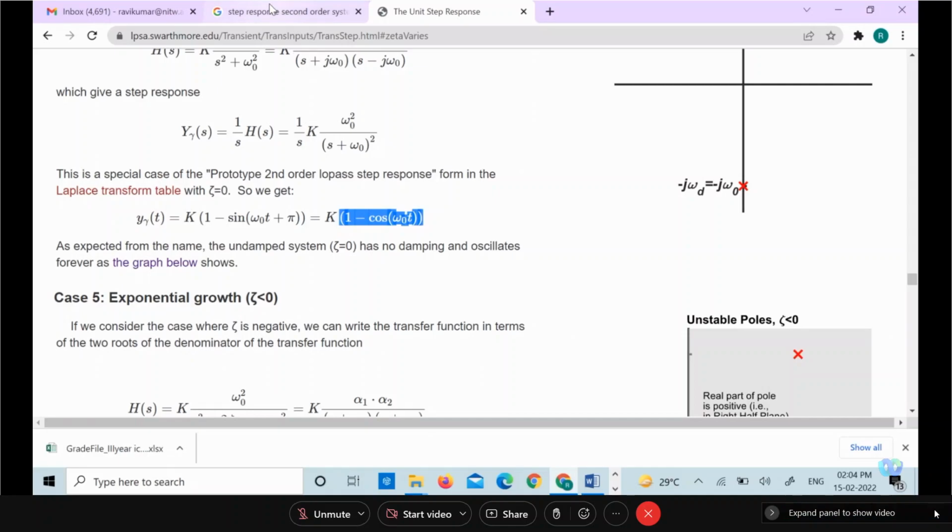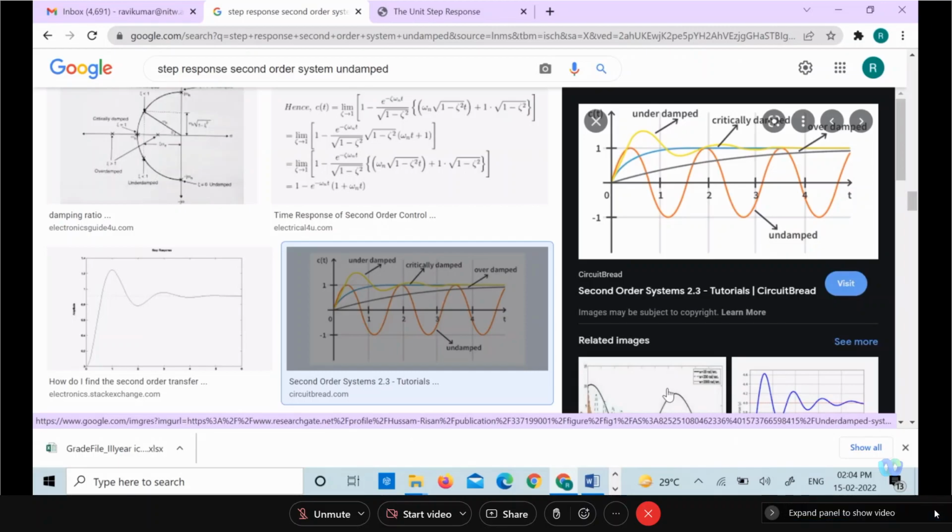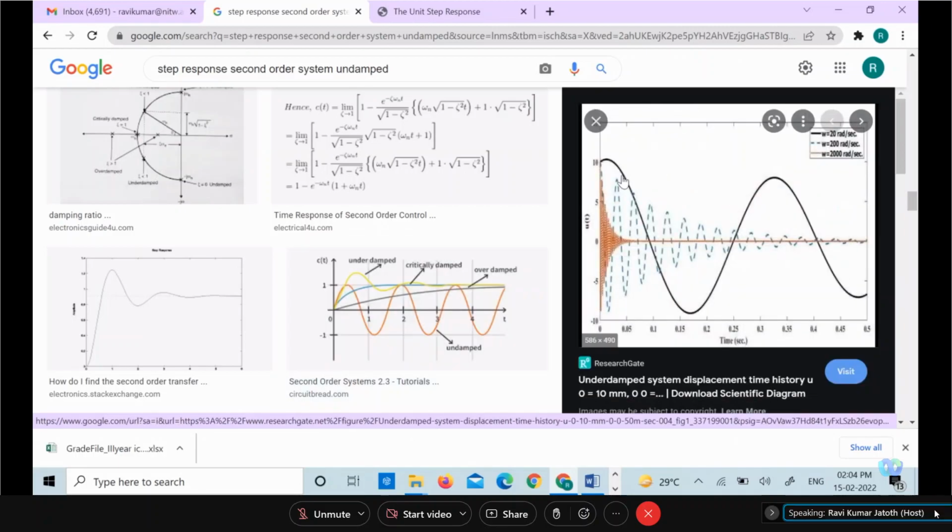So here you will be getting an oscillatory response, is it not? Yes, sir. This is what you are going to get. Cosine waveform, no?